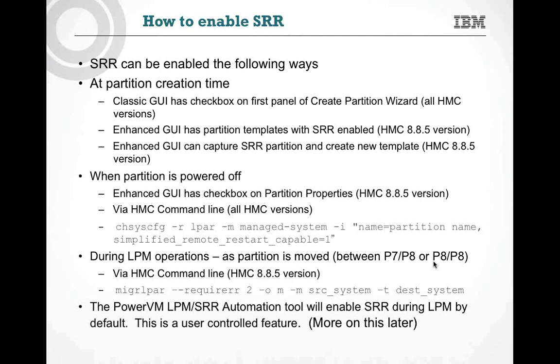The rule of thumb right now is most new features will be put into the enhanced GUI. New features may or may not be added to the classic GUI. It depends on how important they think it is, whether they want to put it into the classic or not. But the enhanced GUI is the superset now of any new features.